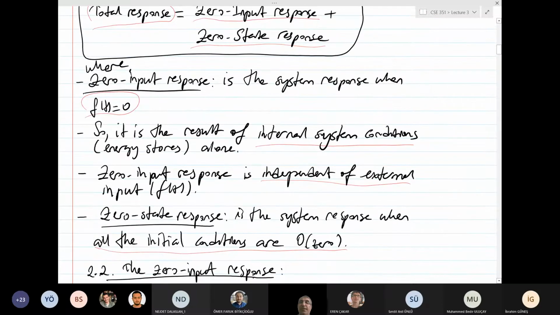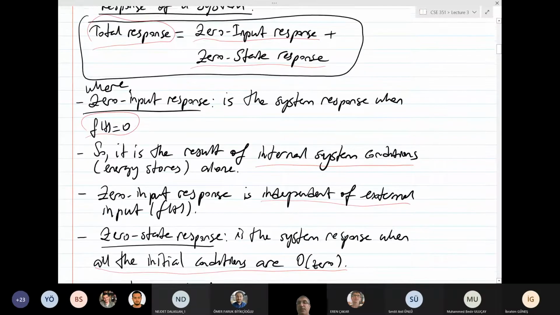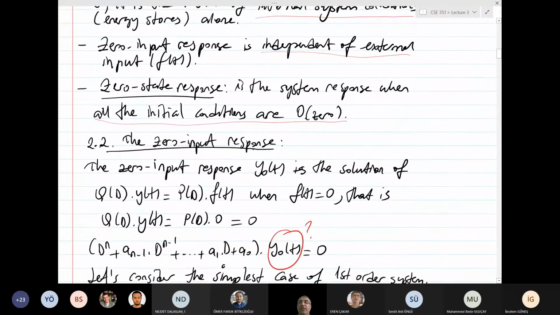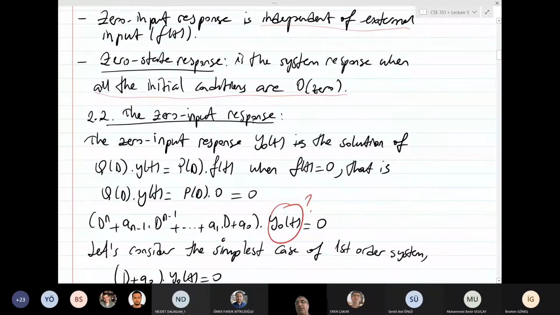Okay, after defining the total response as well as its terms, zero input response and the zero state response, now the next question is, how are we going to calculate the zero input response of a system as well as the zero state response of a system?